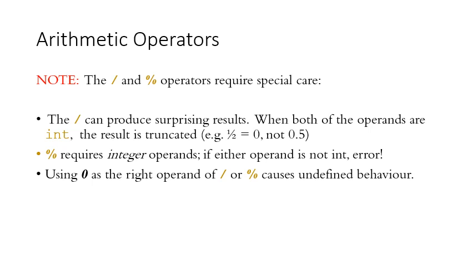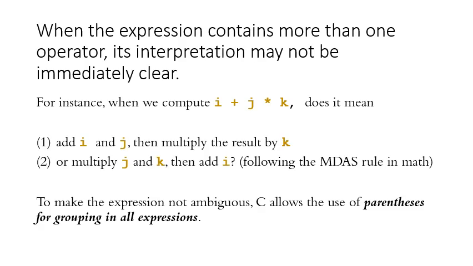There might not be an error during compilation, but the program could stop abruptly or produce any garbage value during execution. Okay, now let us proceed to operator precedence and associativity. When an expression contains more than one operator, its interpretation may not be immediately clear.